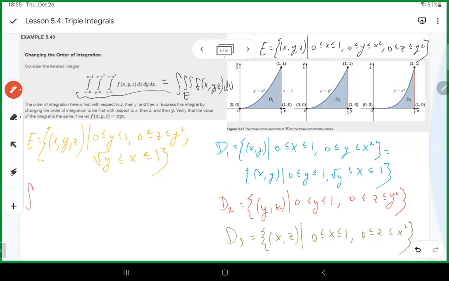So we would have y going from C to D. Z is going to go from V sub 1 to V sub 2.